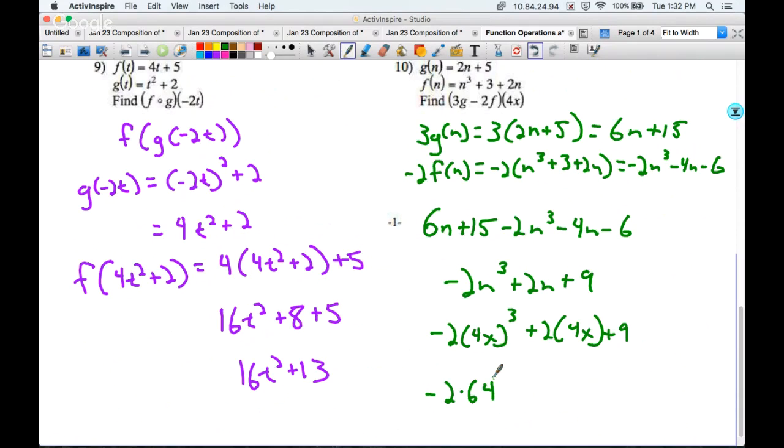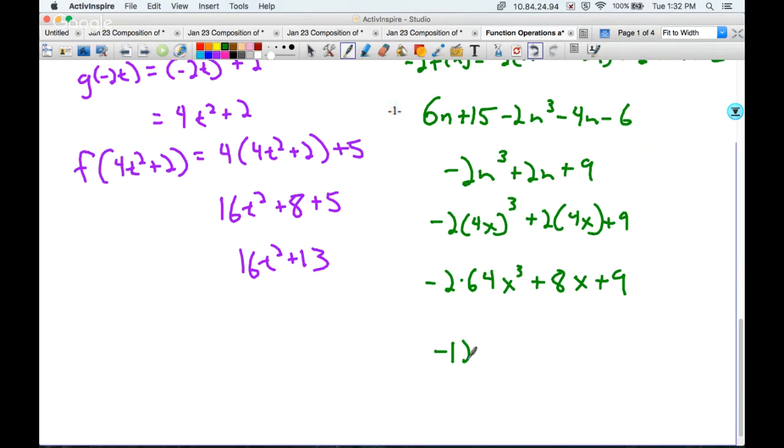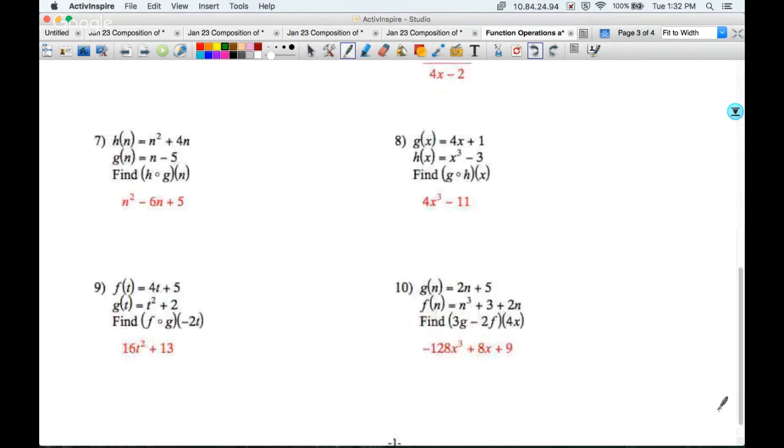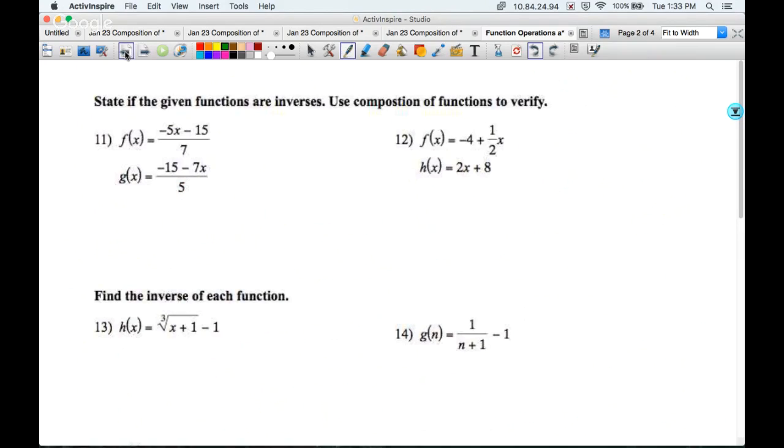Double check that. 16 times 4, 64. 64 x cubed plus 8x plus 9, for a final answer of negative 128 x cubed plus 8x plus 9. And let's check that one too. Yep. All right.